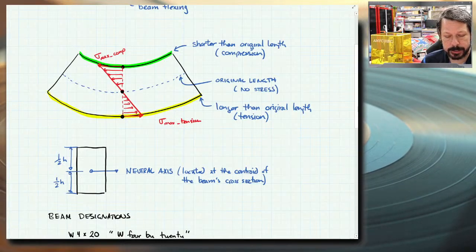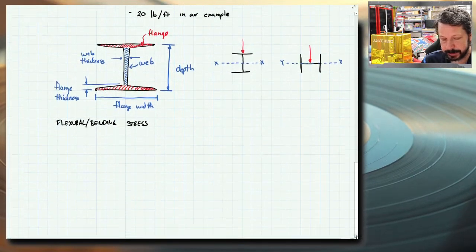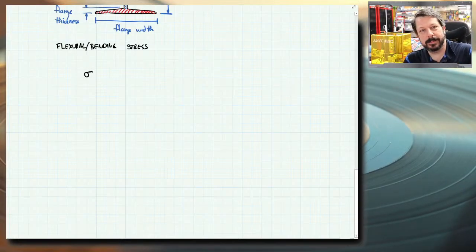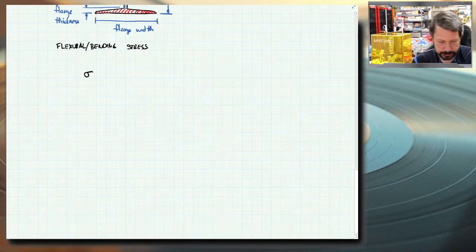They're perpendicular to the cross section. The cross section, this is the side view that I'm looking at right here. The cross section is this rectangle, or the T, or the I, or whatever. They're perpendicular to that cross section, so they're kind of like an axial stress, except that they vary. They're not averaged across there. There's positive and negative, so it's not the same. That's why we call it flexural stress or bending stress. But it is going to use sigma because it is an axial type of stress. The stress is perpendicular, or normal stress. Maybe that'd be better. It's normal to the cross section.